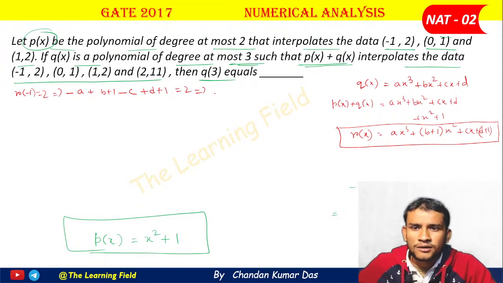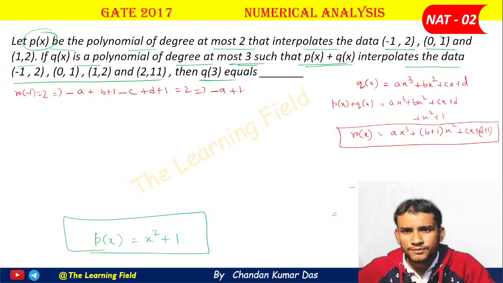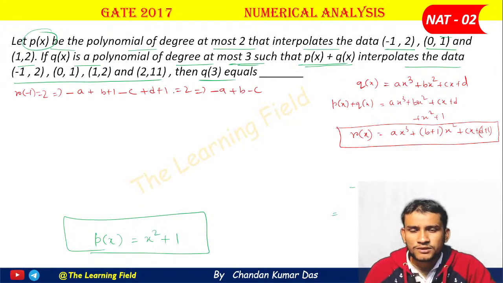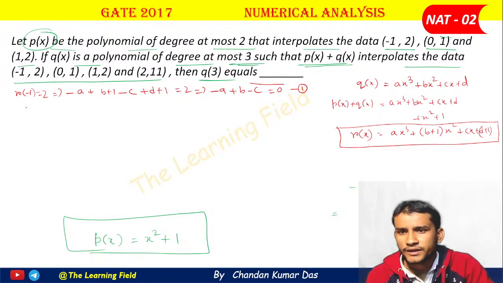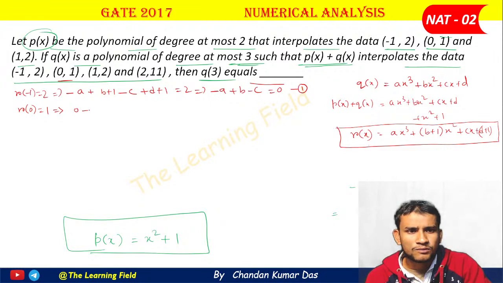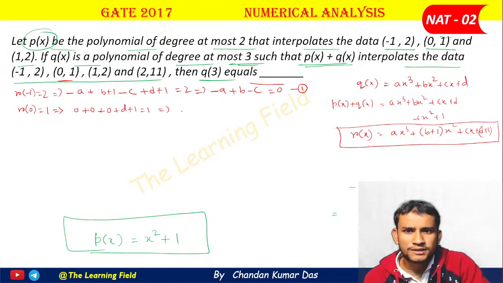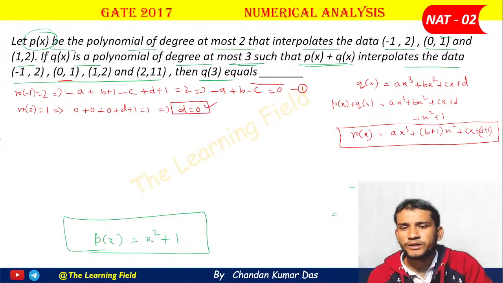This means minus a plus b minus c plus d plus 1 minus 2 equal to 0. Suppose this is equation number 1. The next one is R of 0 equal to 1. So R(0) equal to 1 means 0 plus 0 plus 0 plus d plus 1 equal to 1. This clearly gives d equal to 0. So we get one value, d equal to 0.